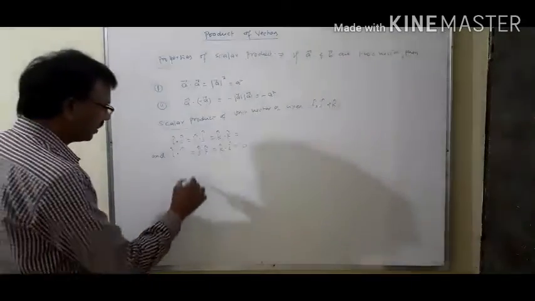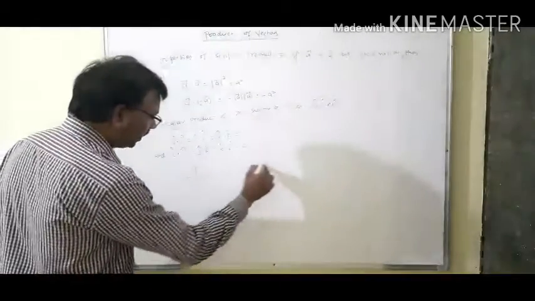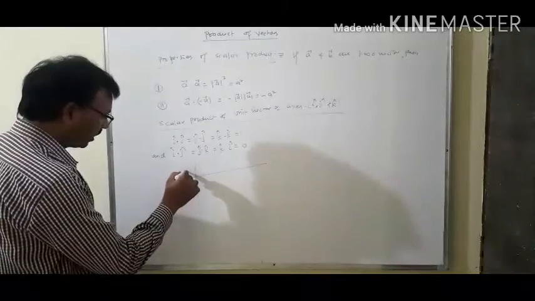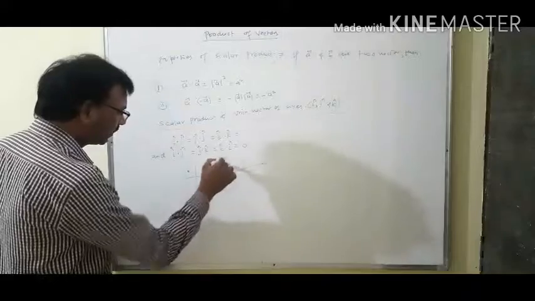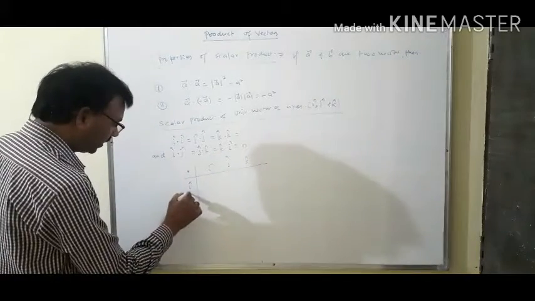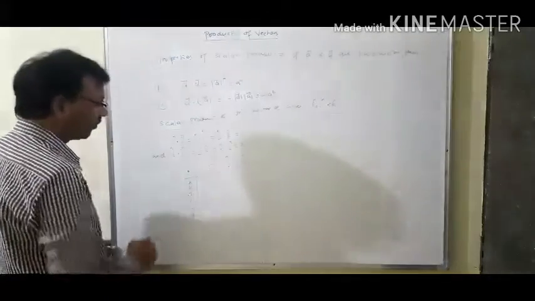To remember, we make a table. This is the dot product, and this is i, j and k, and this is also i cap, j cap and k cap.